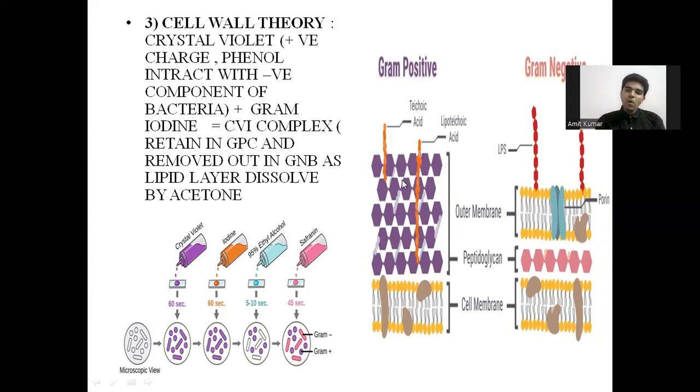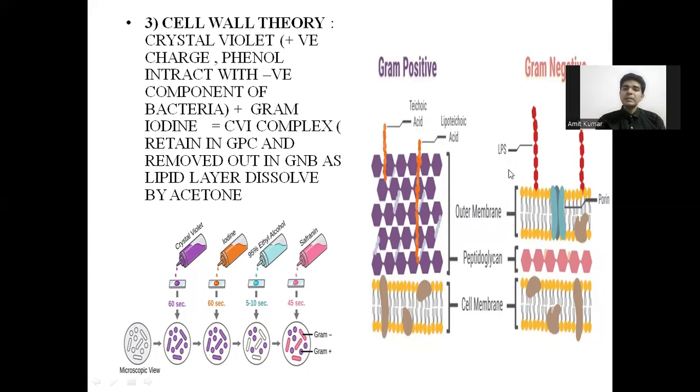There is shrinking of the peptidoglycan layers, and due to this shrinking, the pore size of gram positive bacteria decreases. Then once the pore size decreases, the crystal violet iodine complex does not get removed from the cytoplasm of gram positive bacteria.